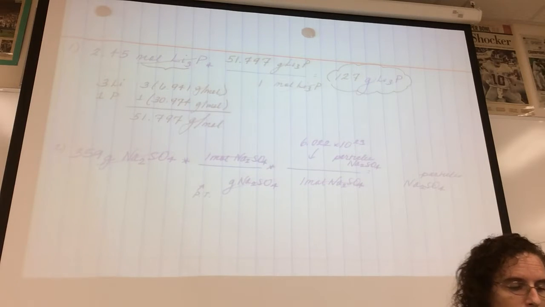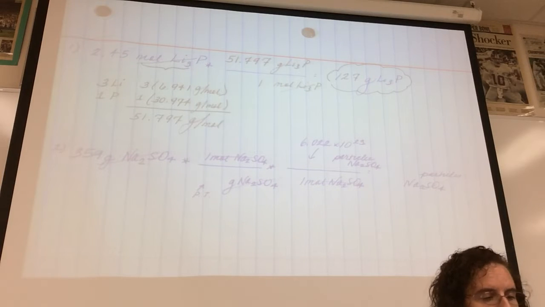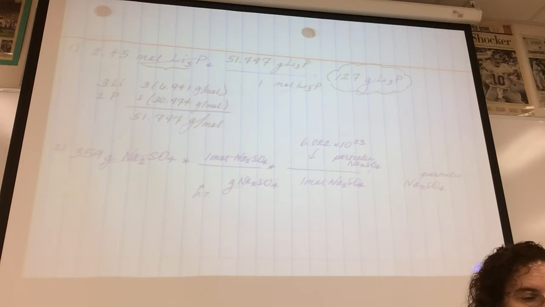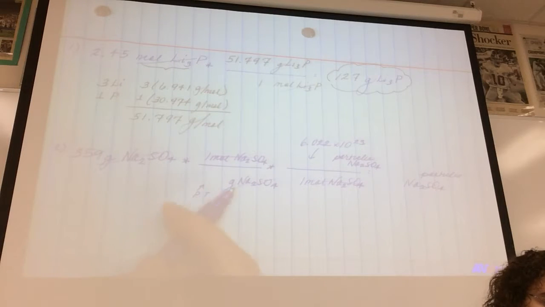So this is essentially the same type of problem that we did in the Do Now a half an hour ago. The only difference is that we have a compound instead of an element. So it's a little more labor intensive to determine the formula mass. But we did this at the beginning and you guys said it was easy.